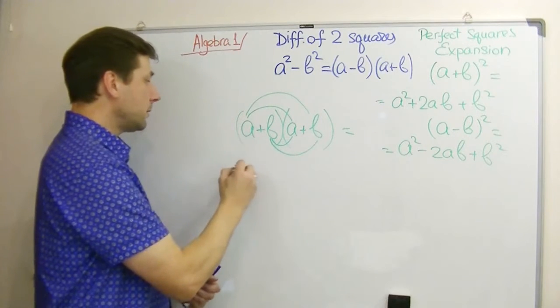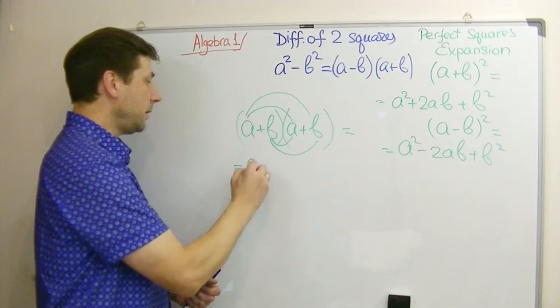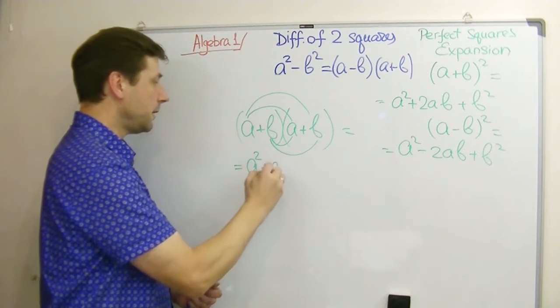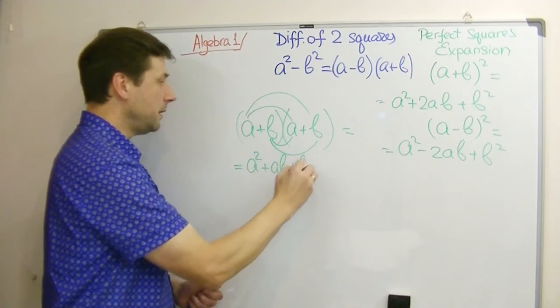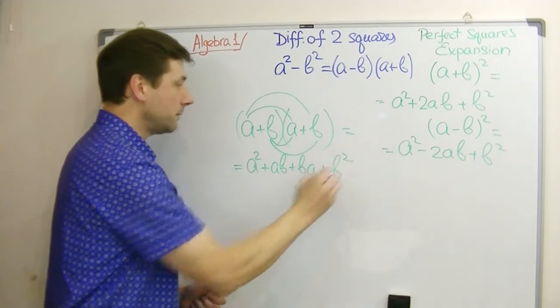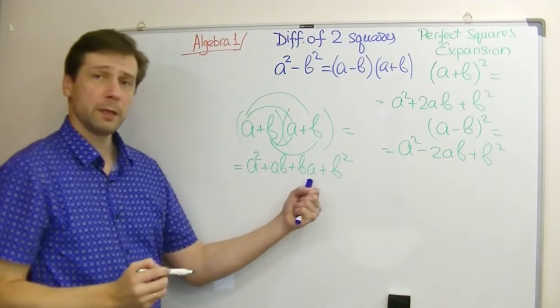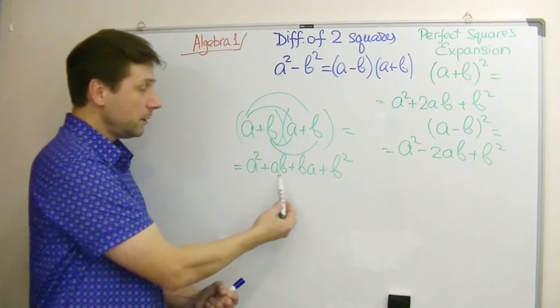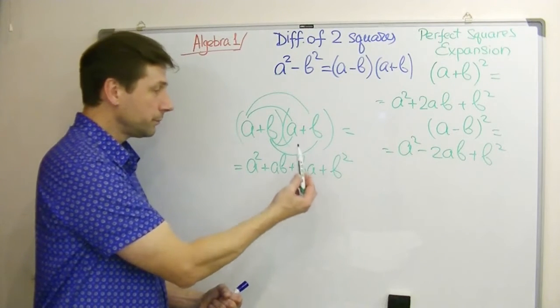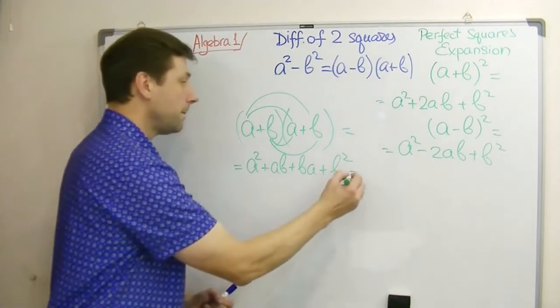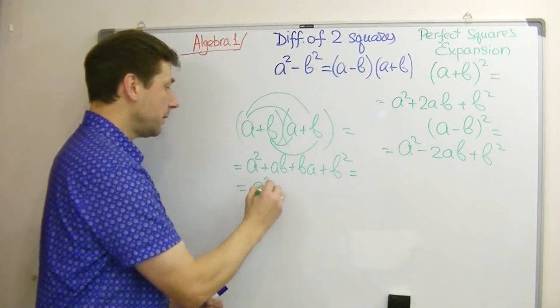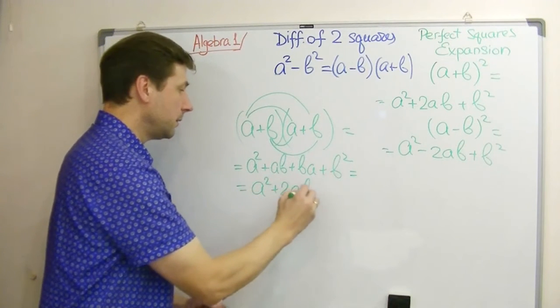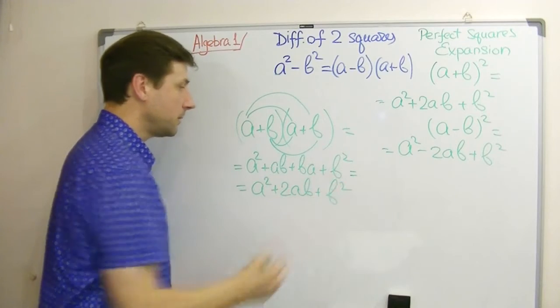Okay? So it is equal to a squared plus ab plus ba plus b squared. ab and ba are the same, and it is equal to 2ab. Okay? So we have a squared plus 2ab plus b squared.